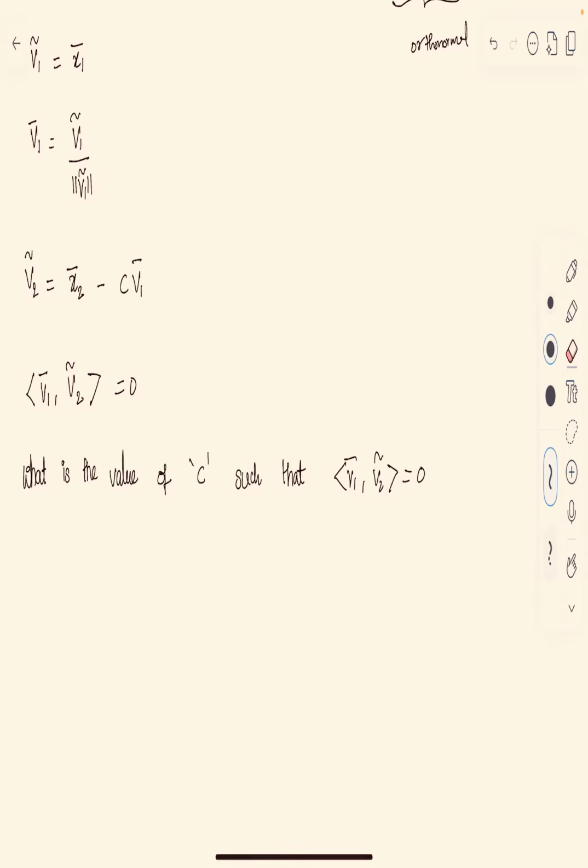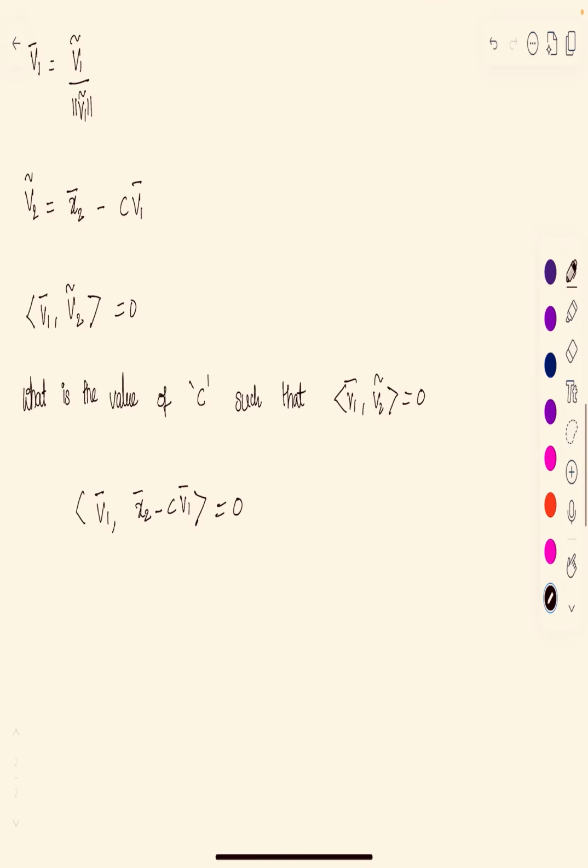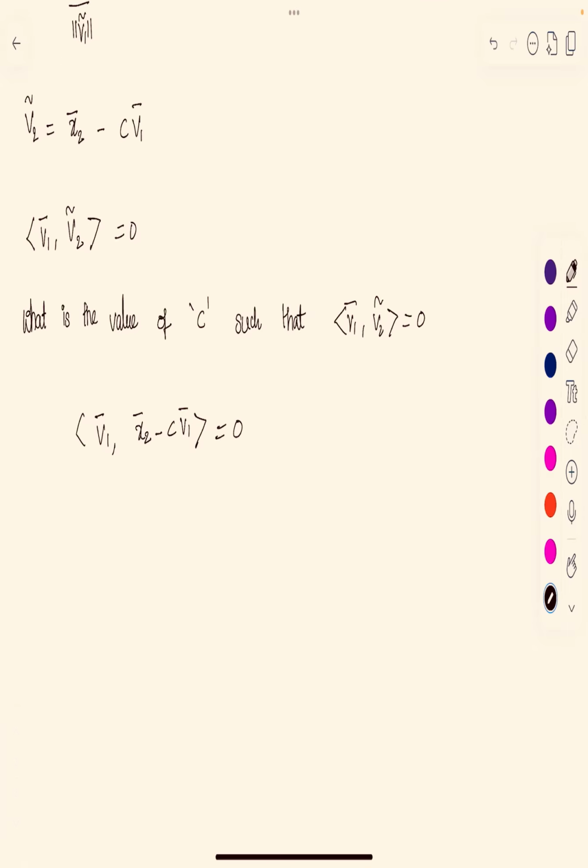So let's plug in the equations. I'll write v1 bar, and v2 tilde as x2 bar minus c times v1 bar, and the product equal to 0. Okay, so let's do this. So this is v1 Hermitian times (x2 bar minus c times v1 bar) equal to 0.